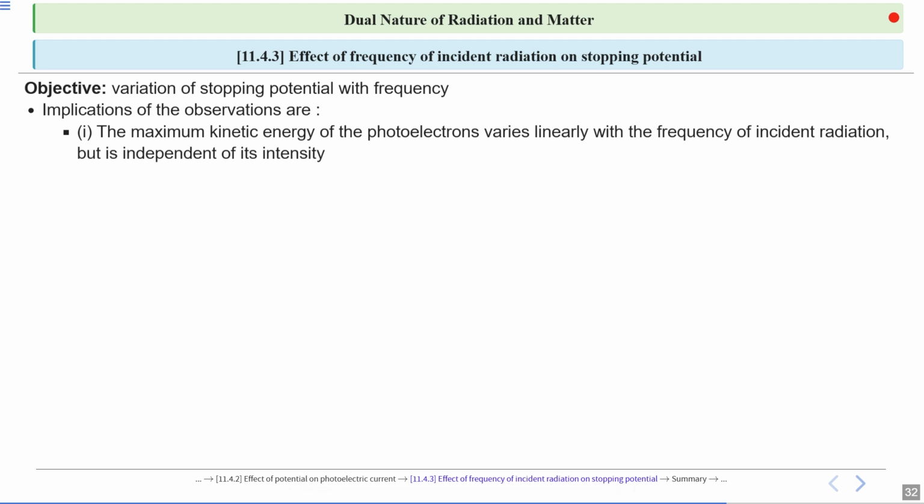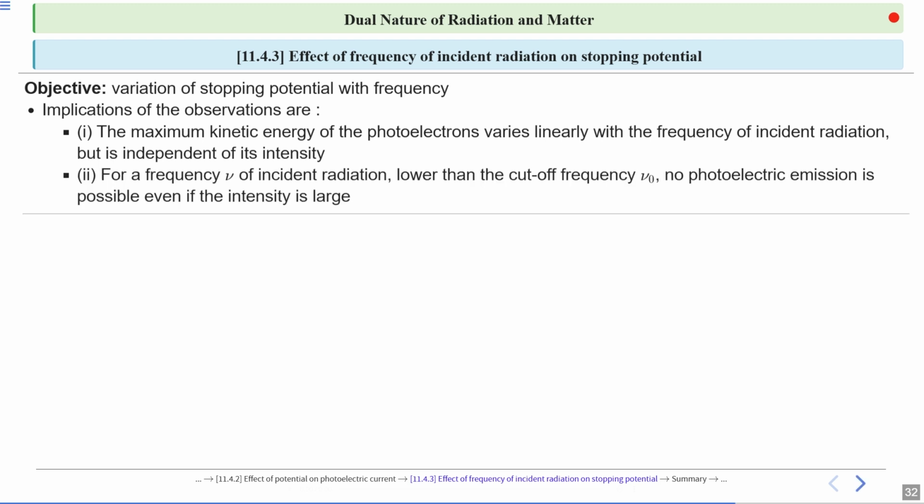However, this energy does not depend on how bright the light is, only on its frequency. Second, if the frequency of light is below a certain threshold called the cutoff frequency, no electrons are emitted at all, no matter how intense or bright the light is. This cutoff frequency is unique for each material.